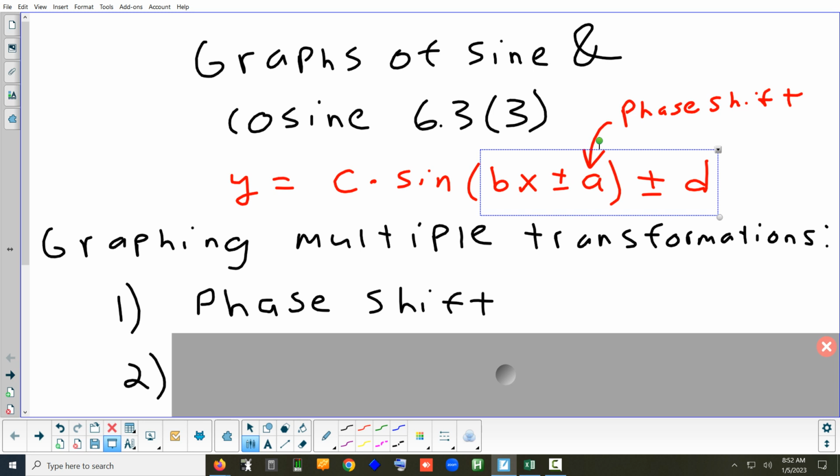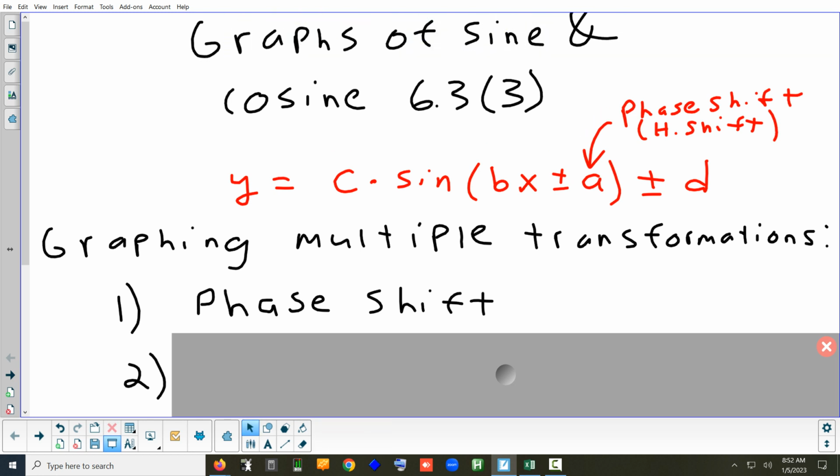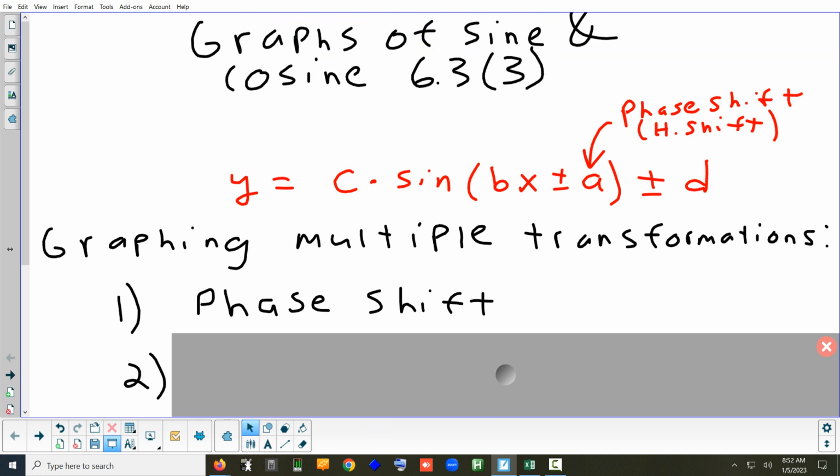Yep, that's your horizontal stretch. So I'll write that underneath it. So this is a horizontal shift. And that's the horizontal stretch.